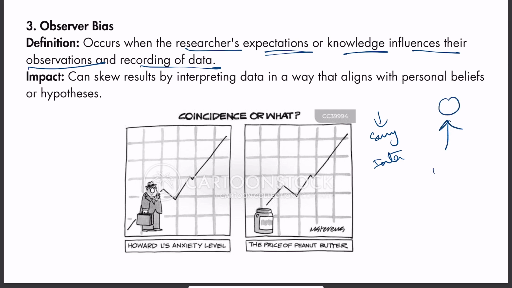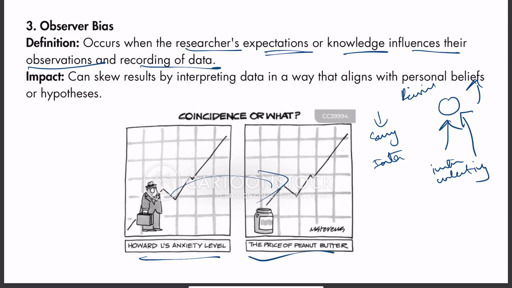So even when you're interpreting or collecting data, you tend to take data that aligns with your personal beliefs and your research topic. So, Howard's anxiety level, the price of peanut butter. You form a very funny correlation between the two and say that my anxiety level is probably related to the price of peanut butter, but it can just be correlation and there's no causation to that.